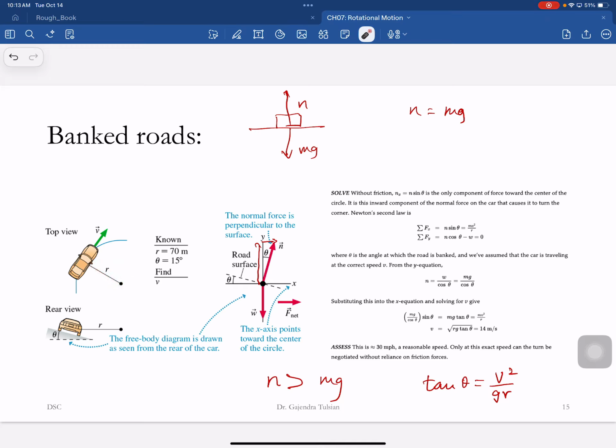So if the road is banked at that angle, that is the speed at which you need to go so you don't use any friction. All those exits are banked at that angle, and if you go at the marked speed, you leave no rubber on the road. And that saves the country billions of dollars.